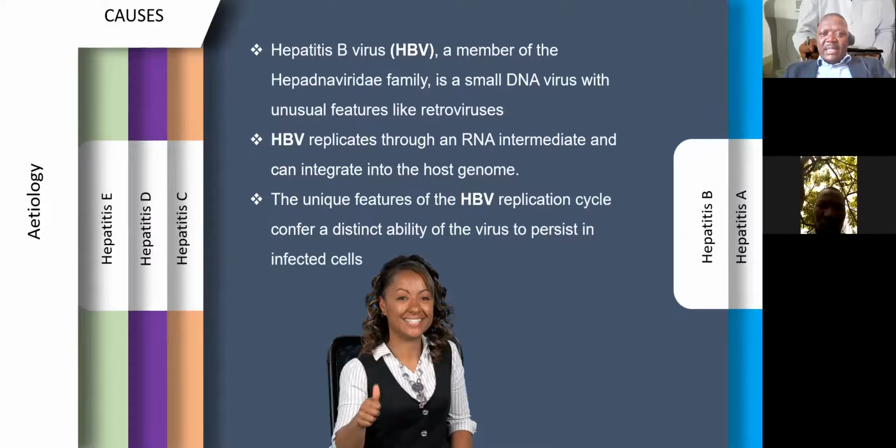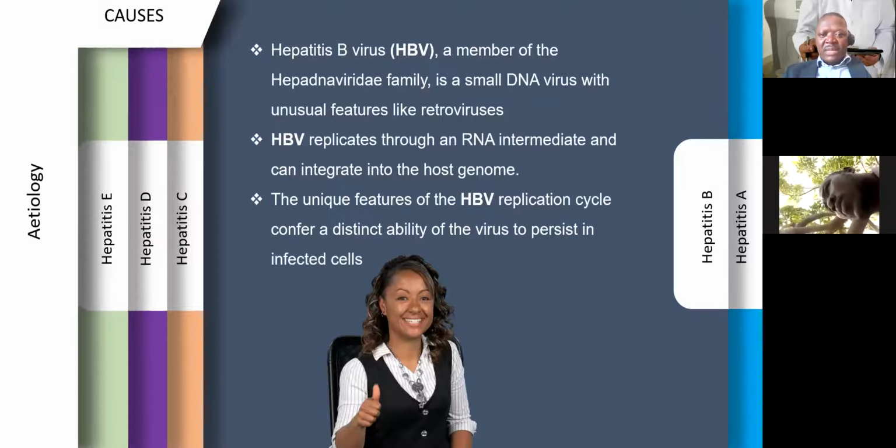For hepatitis B, it's a member of the Hepadnaviridae family. It's a small DNA virus with unusual features like HIV, okay? It replicates, in other words, multiplies through an RNA intermediate and can integrate into the host genome. In other words, it gets into the DNA of the patient, okay?